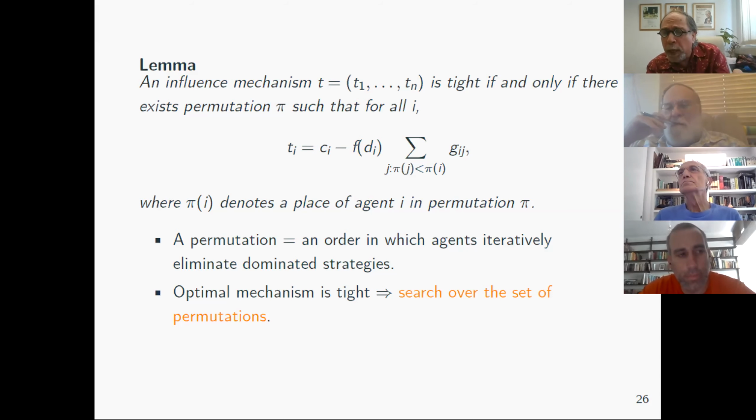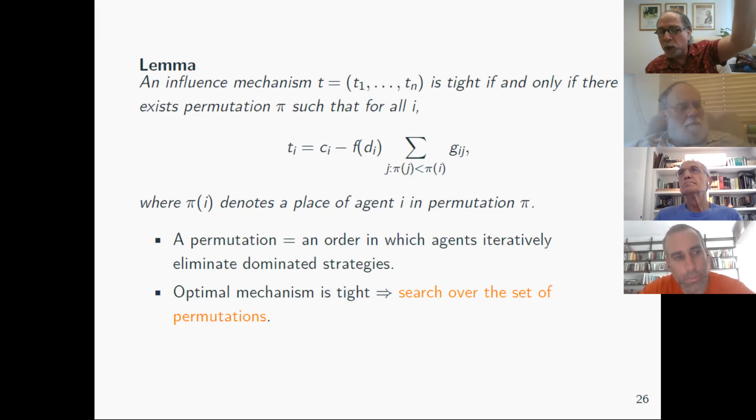Why do I have a unique equilibrium? By means of iterative elimination of strictly dominated strategies. If I pay the first one C without extracting anything, he has a dominant strategy. If I extract from the second the benefit that he gains from the fact that the first one is acting, then given that the first one has a dominant strategy, he also has a dominant strategy, and so forth.